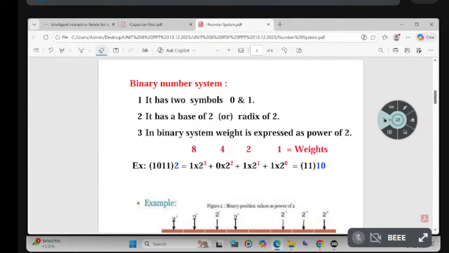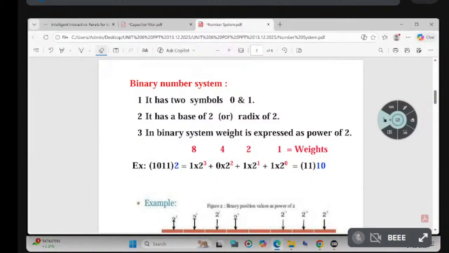These are called the weights of the binary system. We call it the weightage of the binary system.